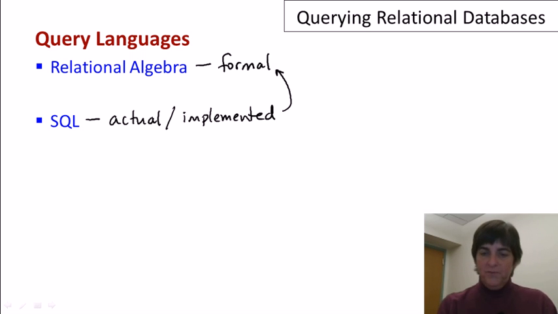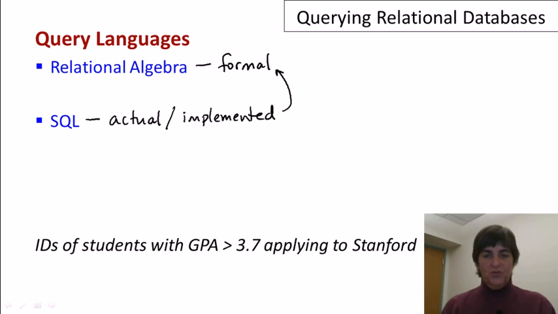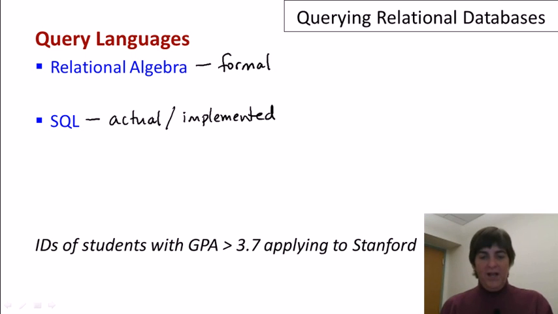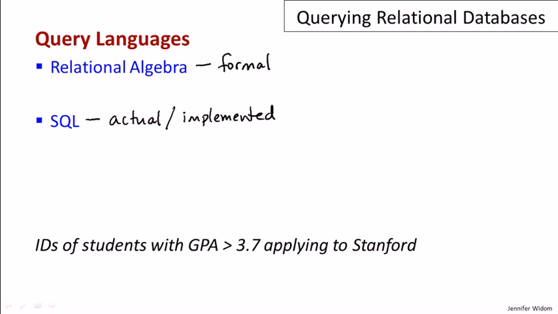Now, let me just give you a flavor of these two languages, and I'm going to write one query in each of the two languages. Let's start in relational algebra. We're looking for the IDs of students whose GPA is greater than 3.7 and they've applied to Stanford. In relational algebra, the basic operators of the language are Greek symbols. Again, we'll learn the details later, but this particular expression would be written with a pi followed by a sigma.